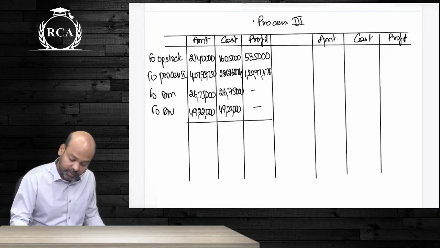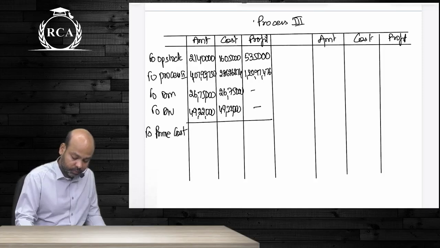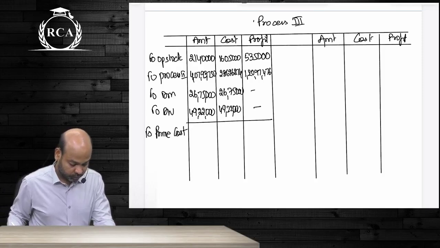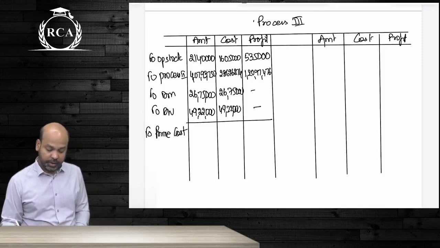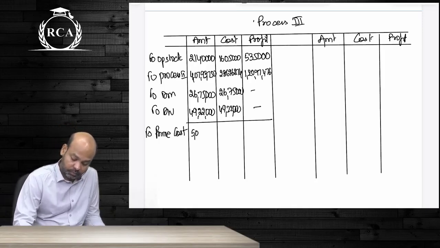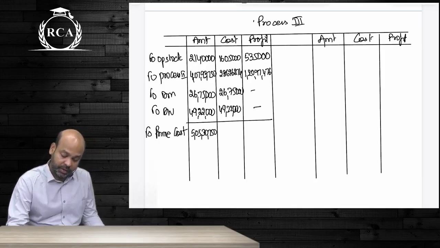Once you write till this beta, you're going to sum up everything and arrive at the amount of prime cost. How much will be the prime cost guys? 5 crores 5 lakhs 30,750.